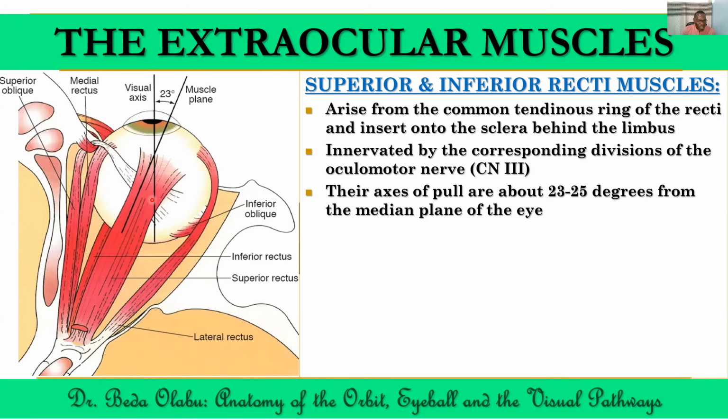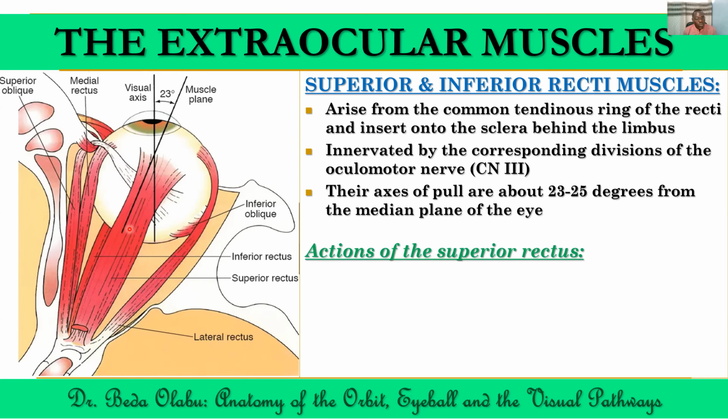This is the visual axis, basically the main axis of the eye. But this is the axis of pull of the superior and inferior rectus. It's some 23 degrees, or about 25 degrees, there. That needs to be taken into account if you're going to understand the mechanism of action of the superior rectus.